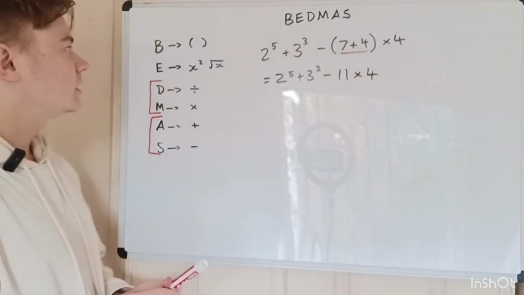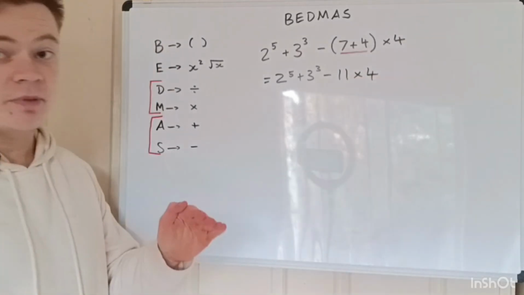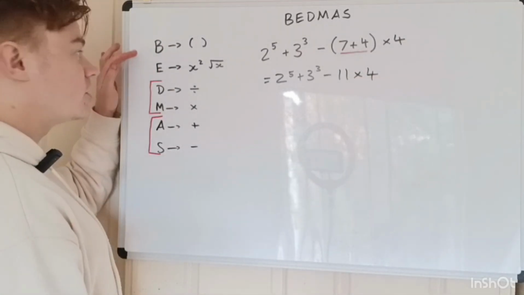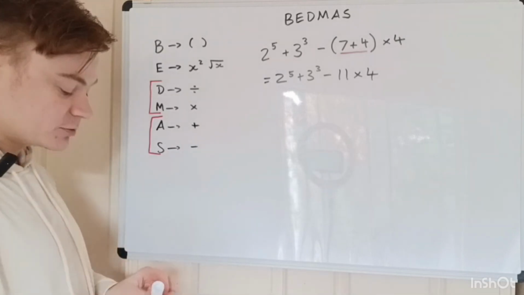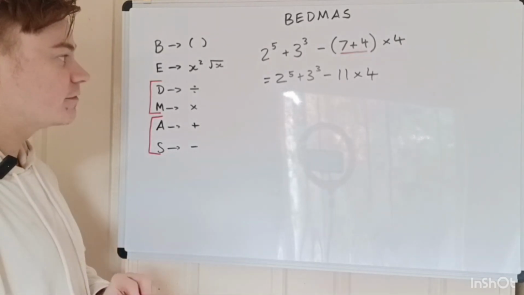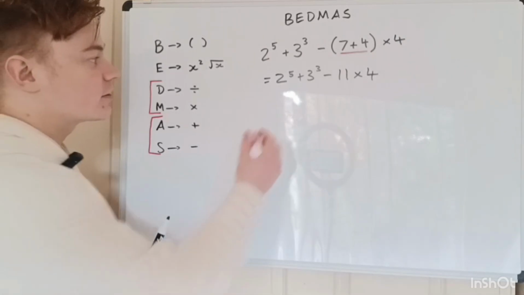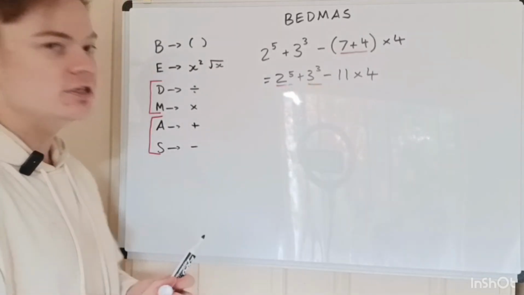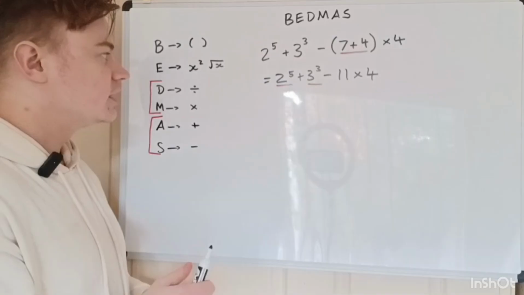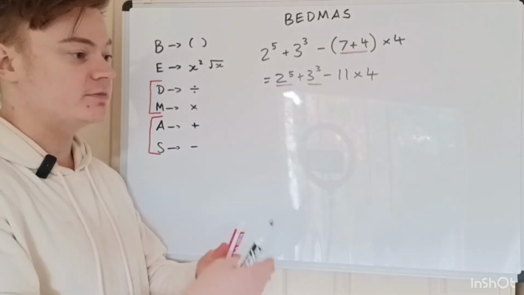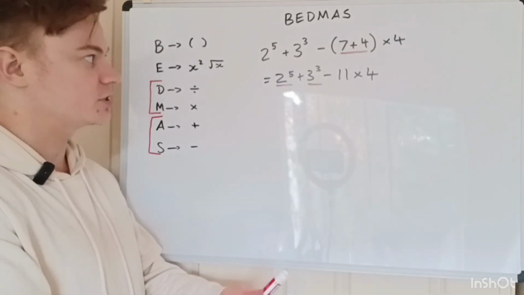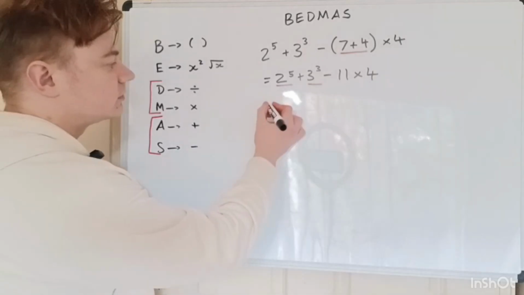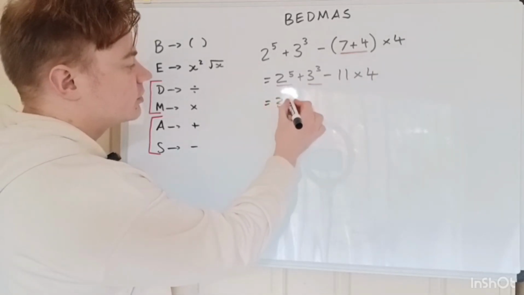Now we go down our BEDMAS line again. Do we have any brackets? No. Do we have any exponents? Yes, we do. We have 2 to the power of 5 and 3 to the power of 3. So you can use a calculator if you want to do this. 2 to the power of 5 is 2 times 2 times 2 times 2 times 2. That gets us to 32.